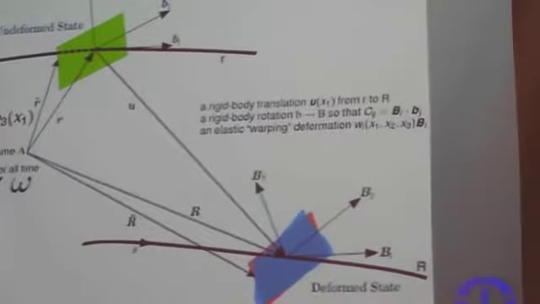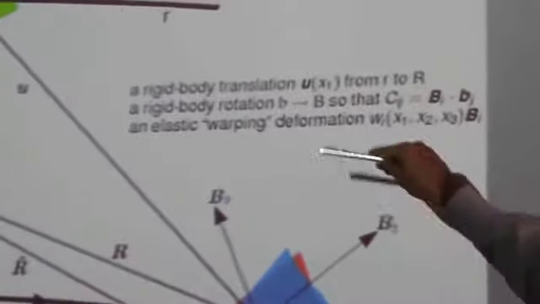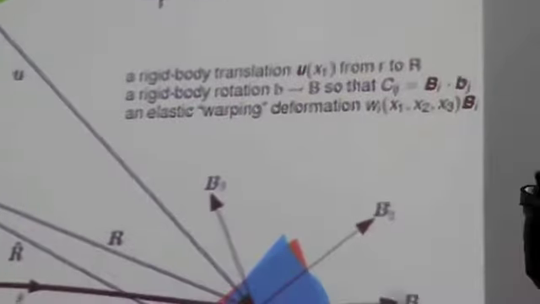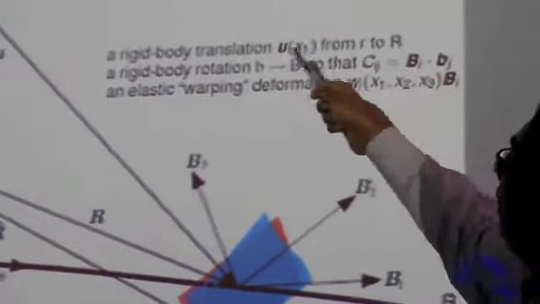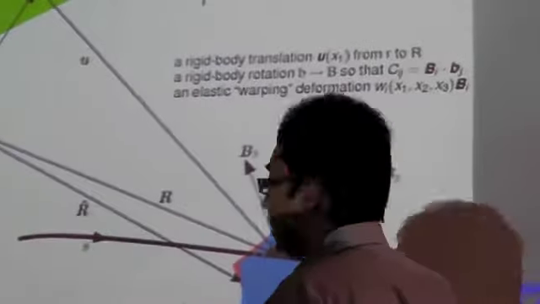Next, going from the green to the blue involves these three items, but going from the green to the orange involves just the first two. You have a rigid body translation u of x1, as I said, which defines your capital R. That's u of x1 from small r to capital R. So you see that there are two ways you can define this reference curve.